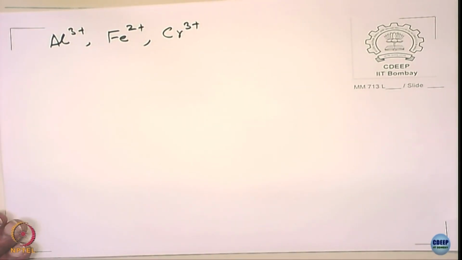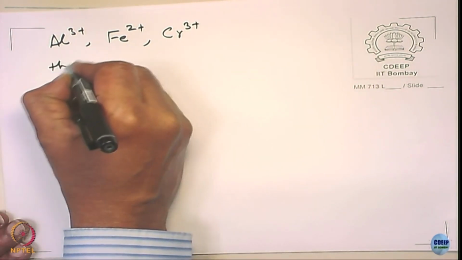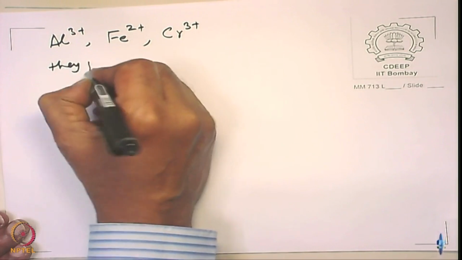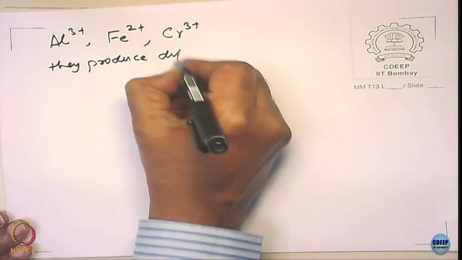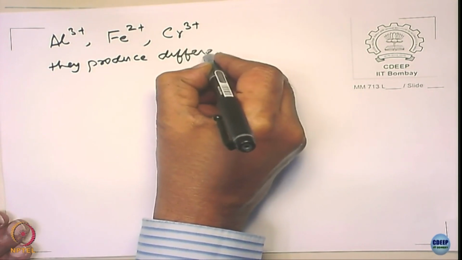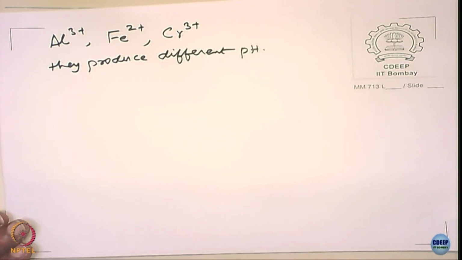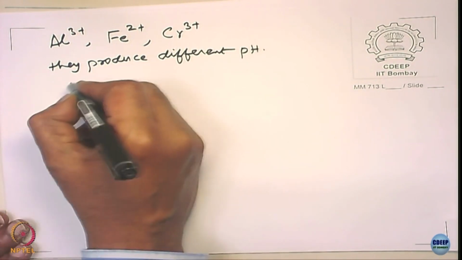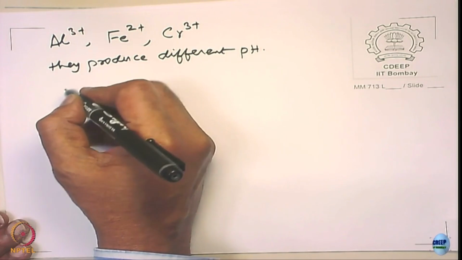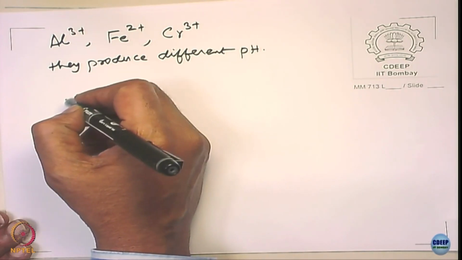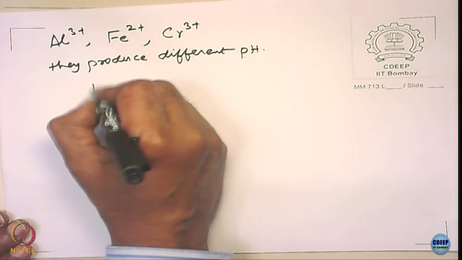Very interestingly, each cation produces a different pH. That is decided by their K value.